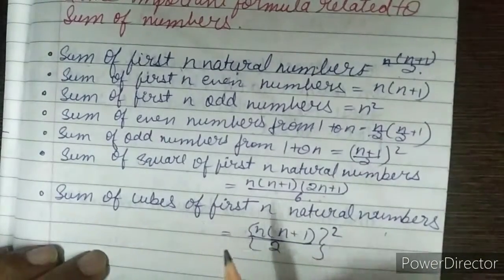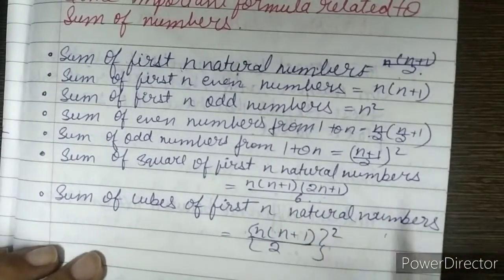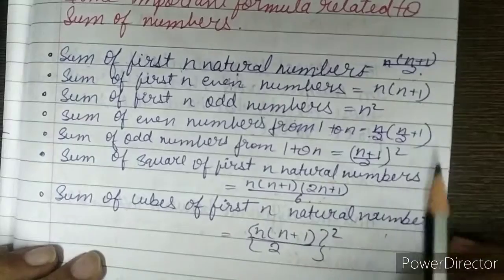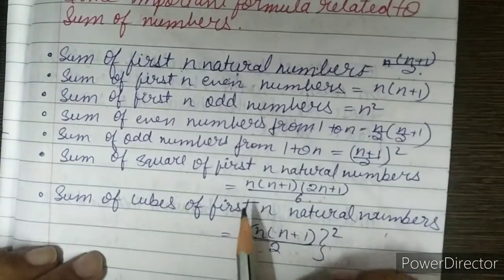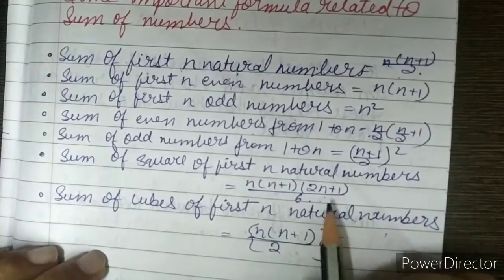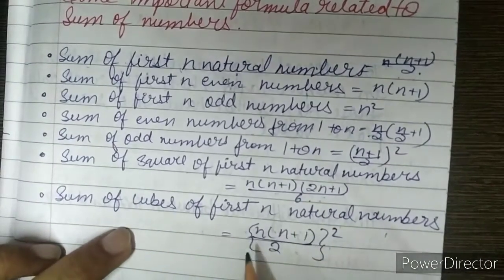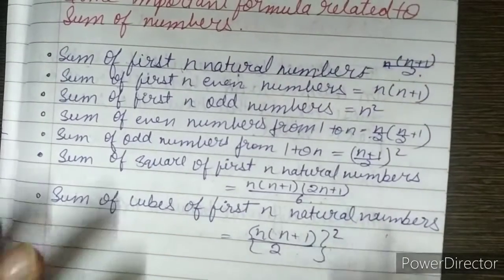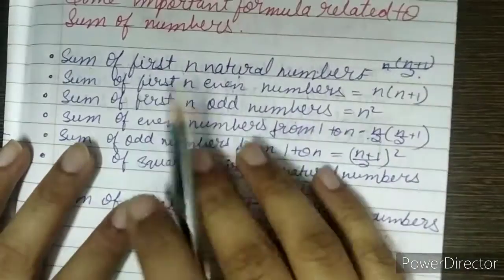The sum of odd numbers from 1 to n is ((n+1)/2) whole squared. The sum of squares of first n natural numbers is n(n+1)(2n+1)/6. The sum of cubes of first n natural numbers is (n(n+1)/2) whole squared. You have to learn all these formulas by heart.